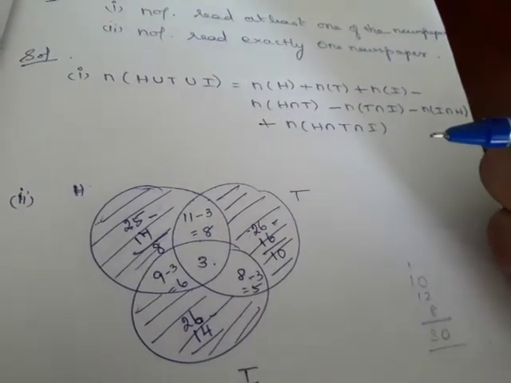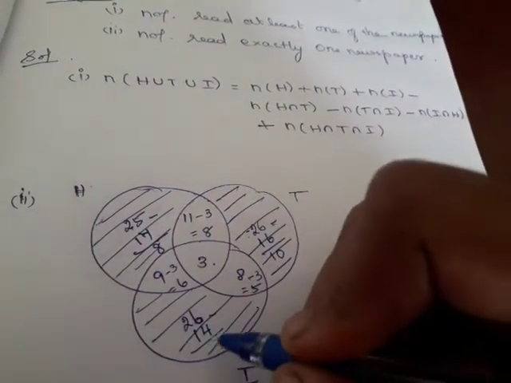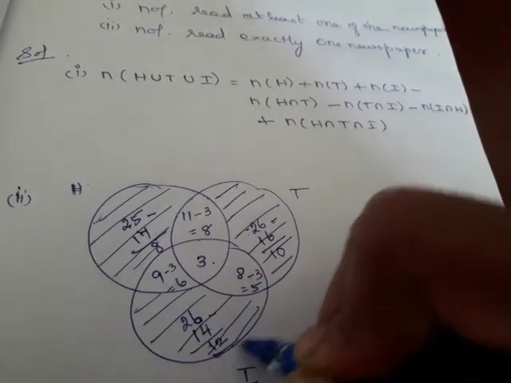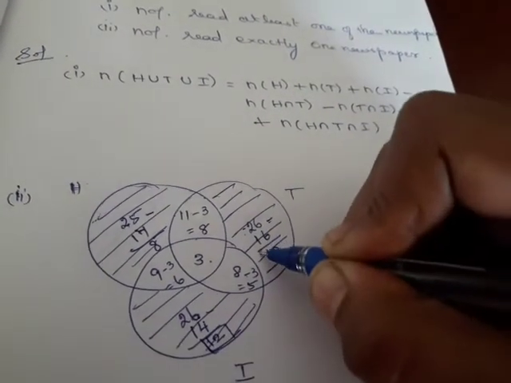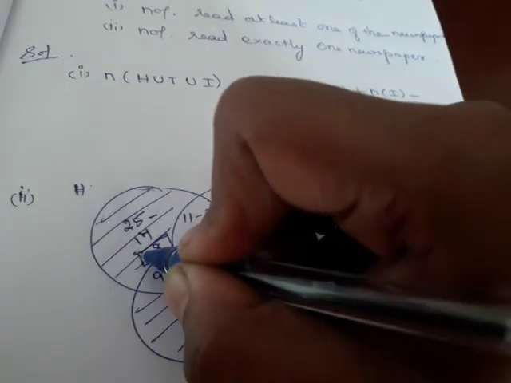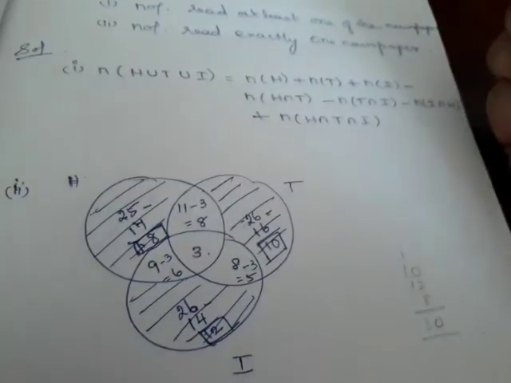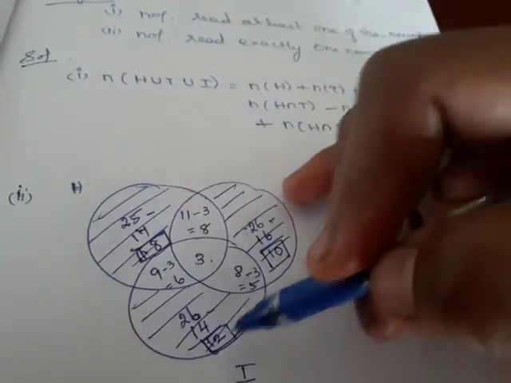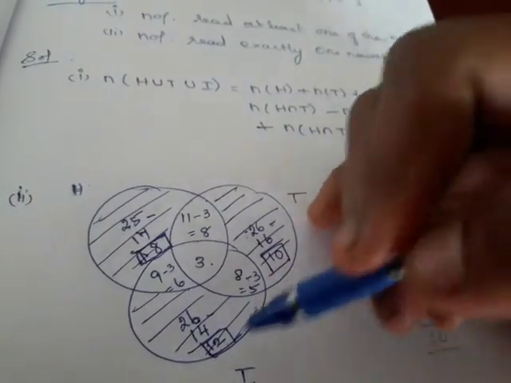What is 26 minus 14? 12. Now these numbers denote the number of people who read only that newspaper. So add all these three numbers: 8 plus 10 plus 12 will give you the answer.